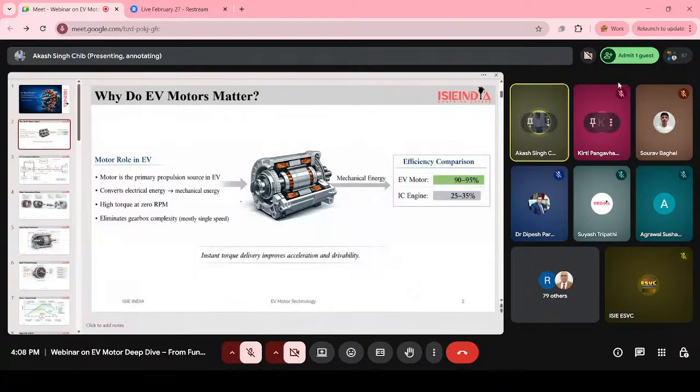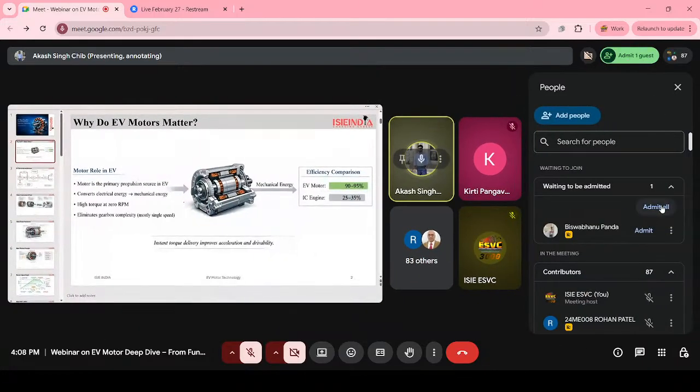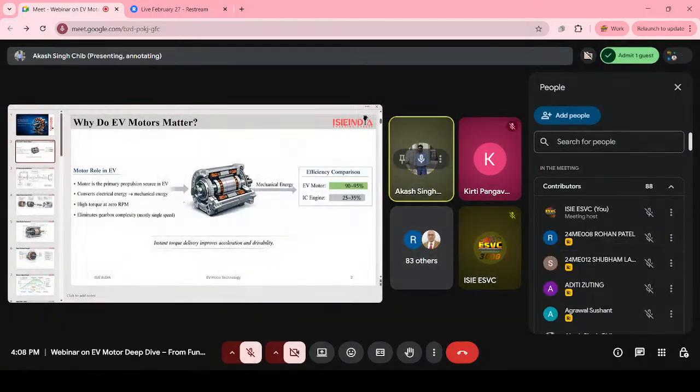It rotates and turns the wheels. And one major thing, it gives us high torque at 0 RPM. In engine vehicles, the torque gradually increases as we increase the speed. But in EV motors, we get the highest torque at 0 RPM.